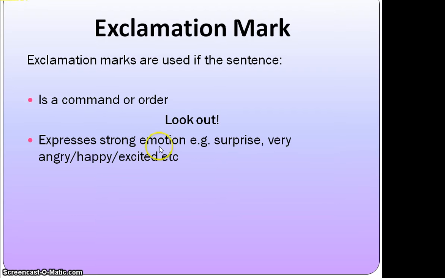And also to express strong emotion: surprise, very happy, angry, excited, etc. For example, you won a match and you say hooray. You write it and then you put a mark of exclamation. If you lose a match, you say alas, we lost the match. So after writing a loss, you put a mark of exclamation.